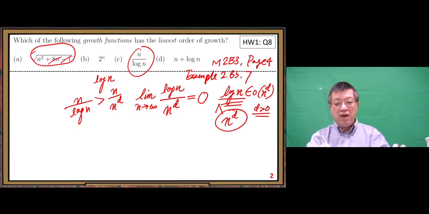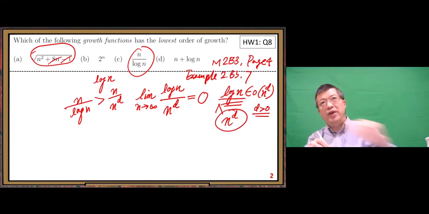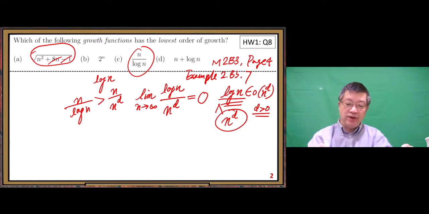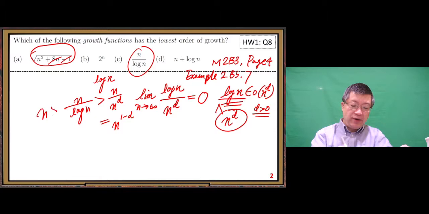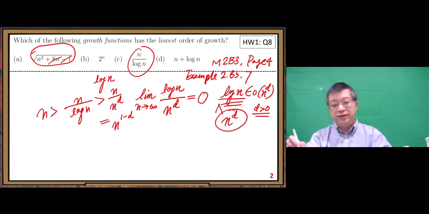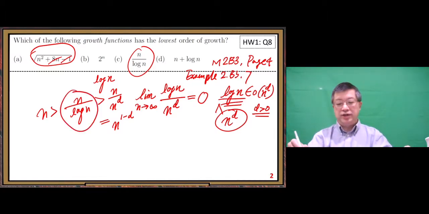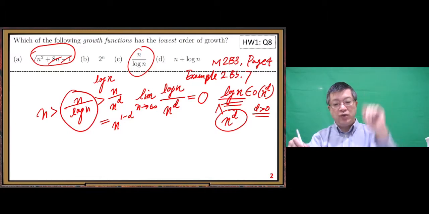You can imagine that d could be a very, very small number, so that's n to some minus d. So n is greater than that, somewhere between those two. So you just imagine how large it is. So that is one.